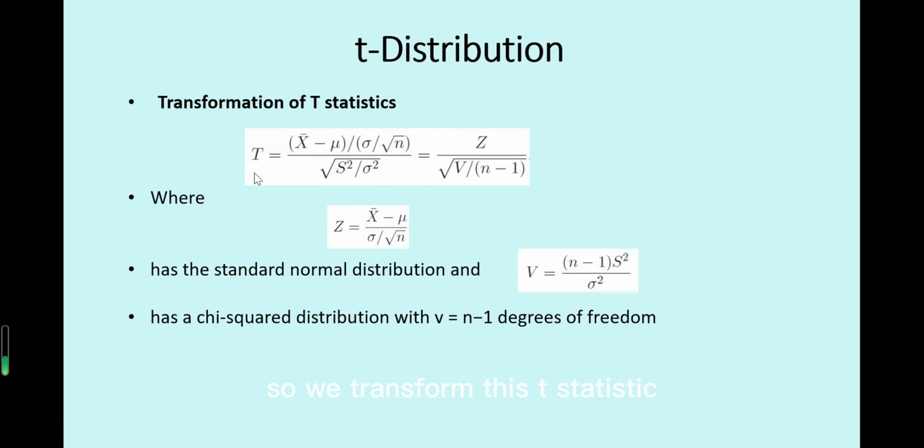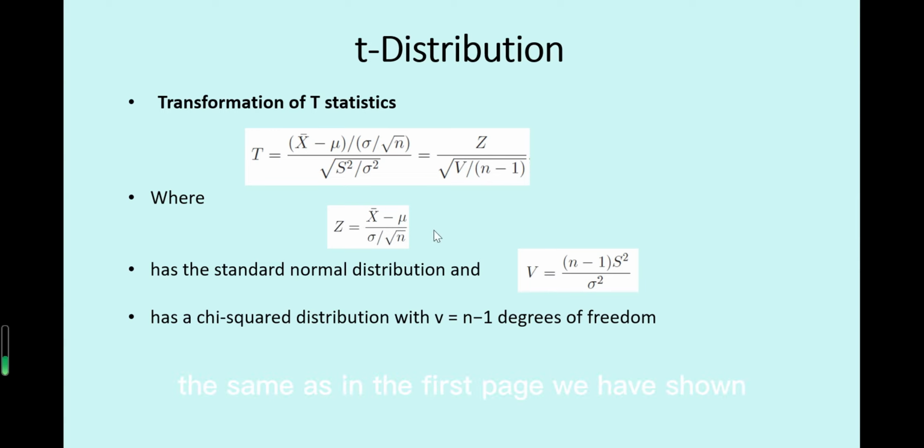So we transform this t-statistic a step further, dividing by sigma, which is the unknown population standard deviation, over the square root of n. Then we get t equals z divided by the square root of v over n minus 1.